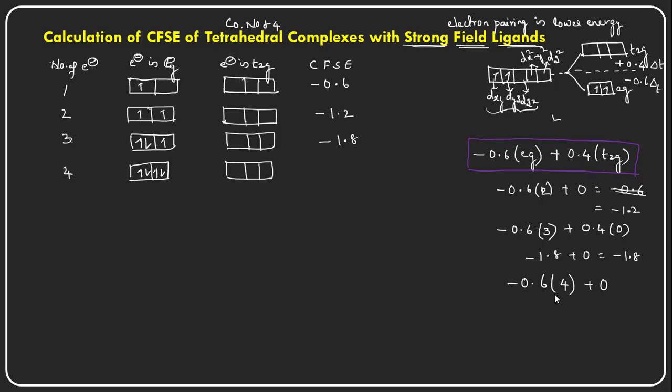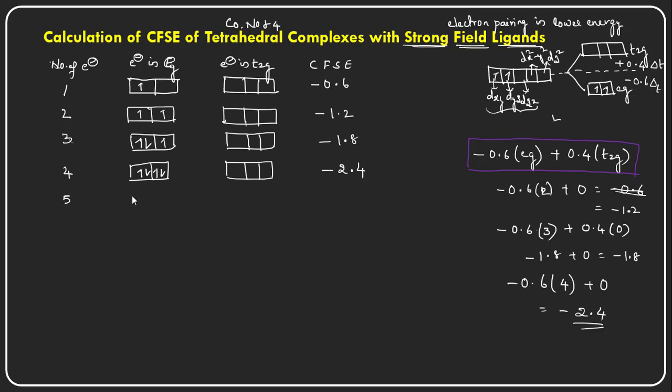So minus 0.6 into 4, what is the value? 6 fours are 24, so minus 2.4 will be the value. This is the crystal field stabilization energy when tetrahedral complexes have 4 electrons in the presence of strong field ligands.